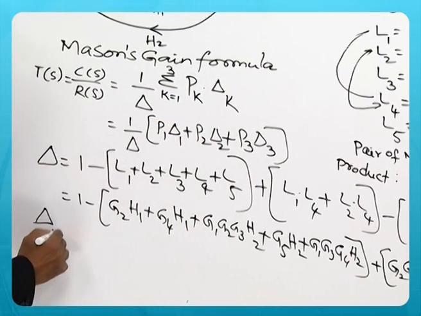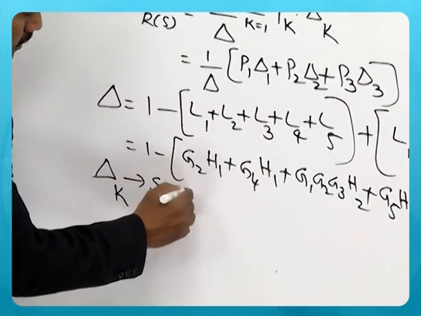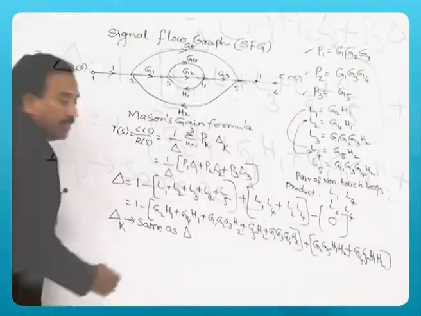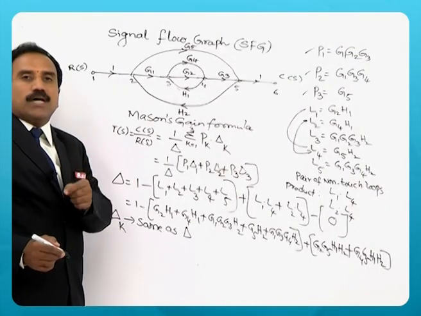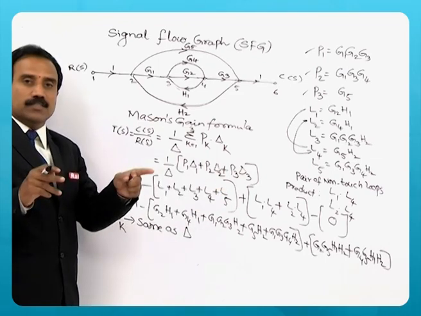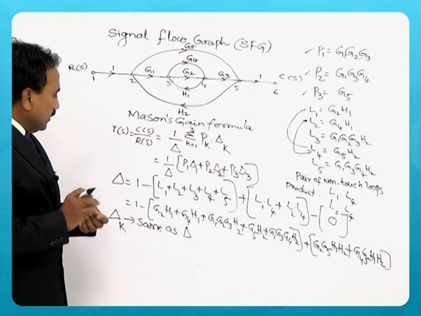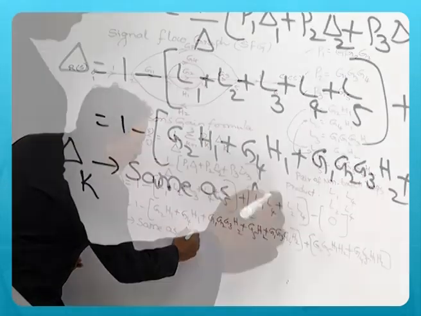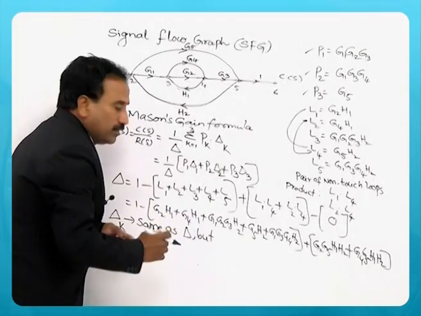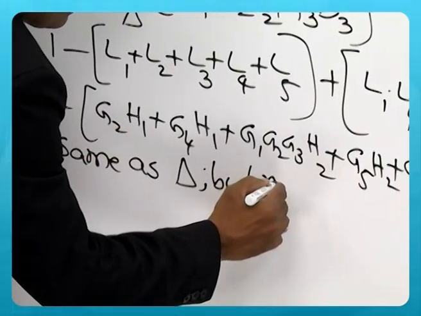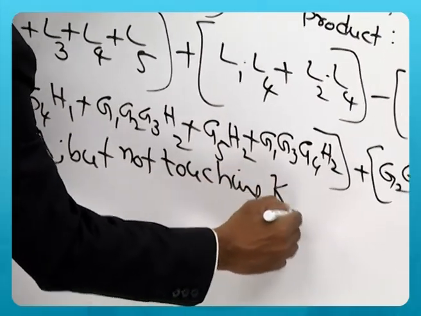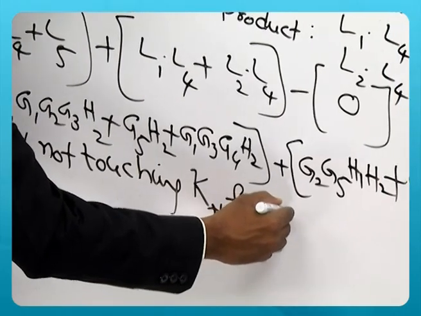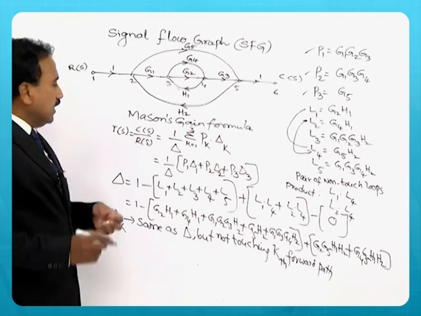Delta k is the same as delta, but with the information of only those loops not touching the kth forward path. That is called delta k.